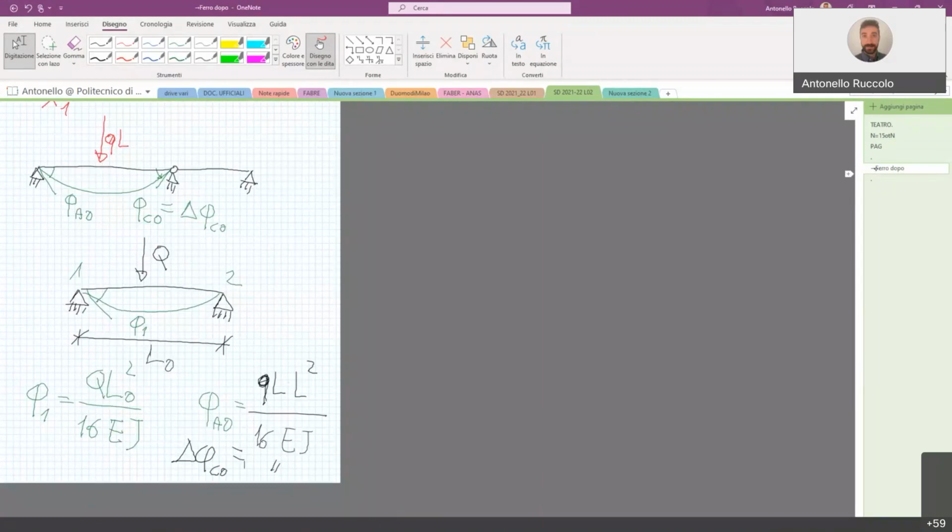In the generic case where we have a simply supported beam with a generic load Q and length L0, I am calling it L0 in order to say something completely different from what you've seen. I'm not calling it L. So the rotation in the node 1 is the value of the force applied in the midspan times the length L0 to the power of 2 over 16 E iota.